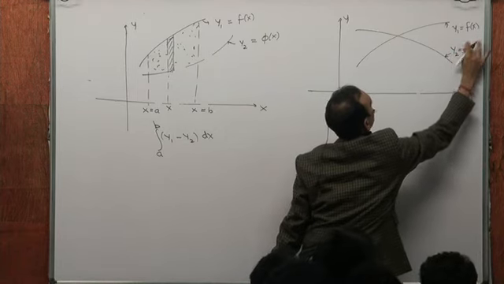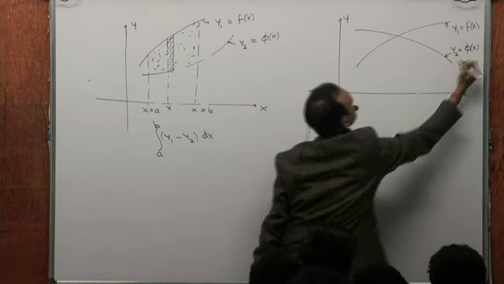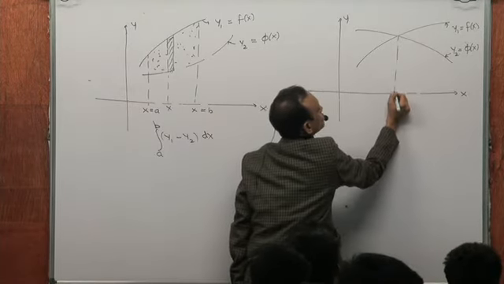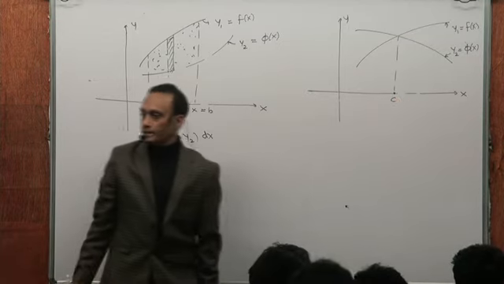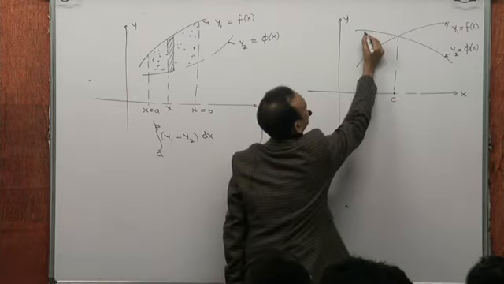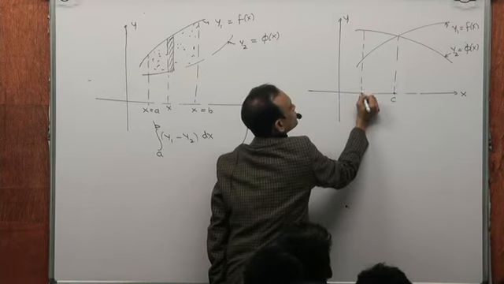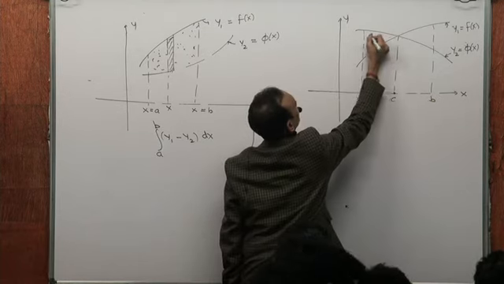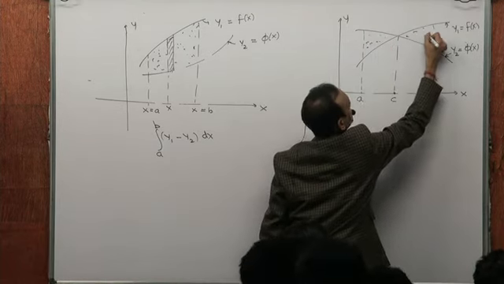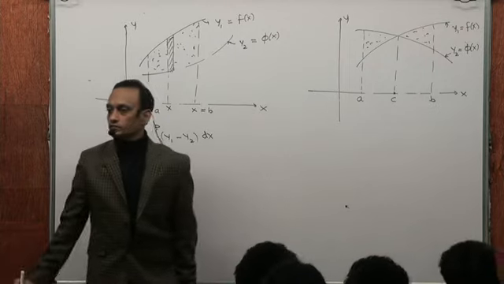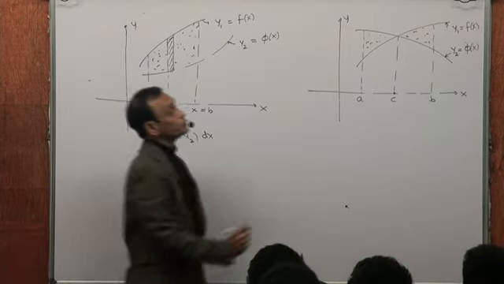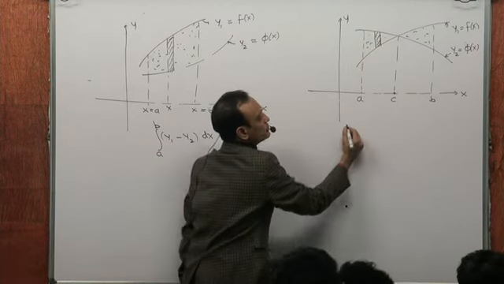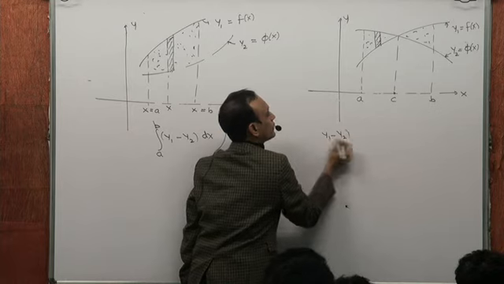The y's of this are given by some function of x, call it phi(x). And the two curves intersect at x equal to c. And I want to calculate the area between the two curves starting from x equal to a to x equal to b. That means I want to compute this area plus this area. Yes or no? Right? What am I going to do? What would this strip be? This strip is going to be y1 minus y2 dx.